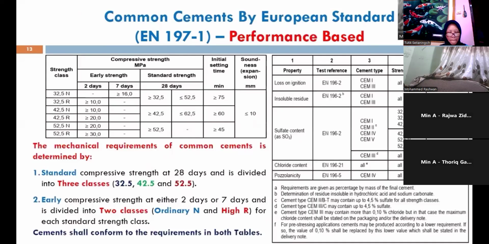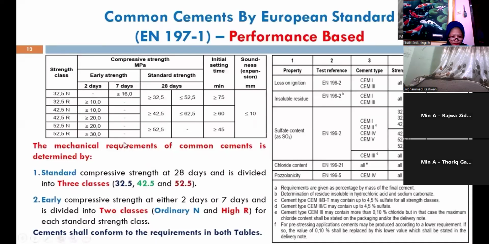Now we will speak about the common cement according to EN, but based on performance. Performance here means comparative strength, initial setting time, and soundness expressed by expansion.